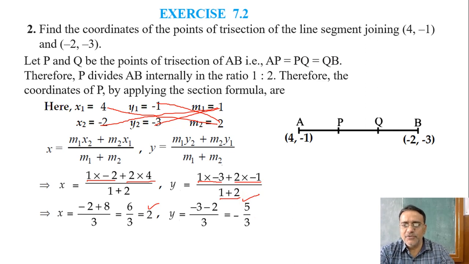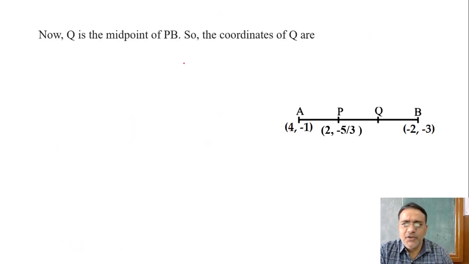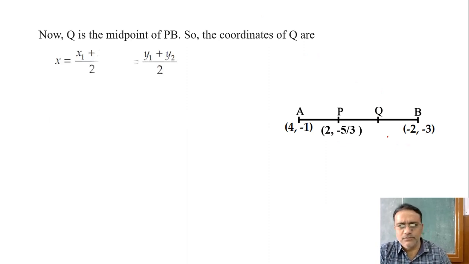So I told you just now that if the coordinates of point P are in fraction or rational number, then the midpoint formula should not be used. Okay, let me use it and show you. So P we got 2, minus 5/3, right? Now Q is the midpoint of PB. So the coordinates of Q are x1 plus x2 by 2, y1 plus y2 by 2.